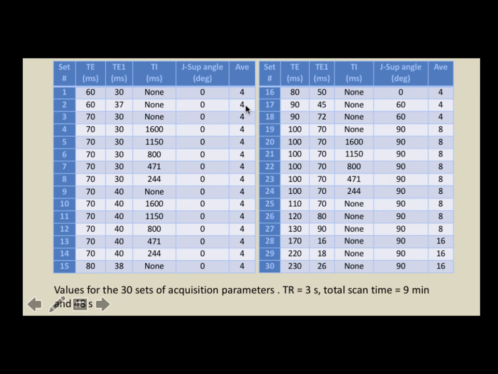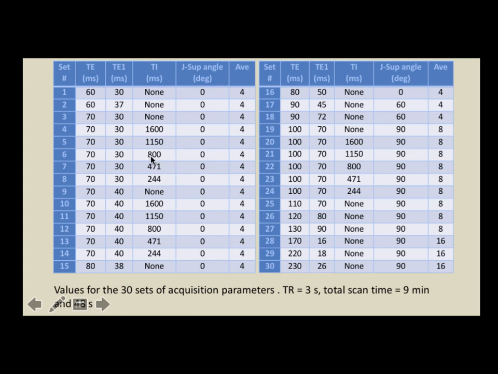We acquire 4 acquisitions. That's another 12 seconds. Then we change the TE to 70 milliseconds, 80 milliseconds, 90, 100, 110, 120, 130, 170, 220, and 230 milliseconds.